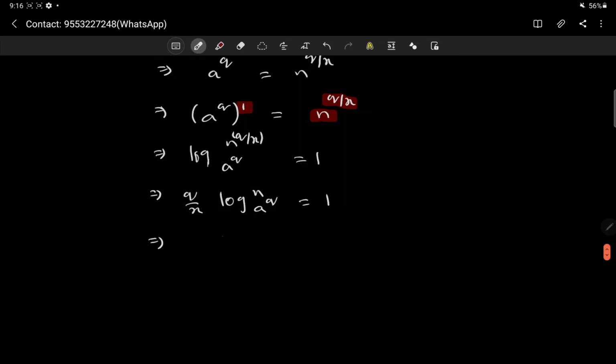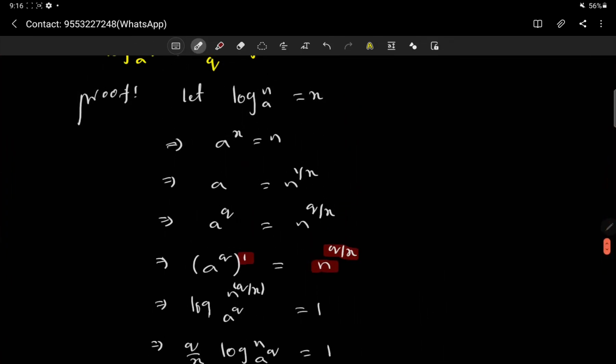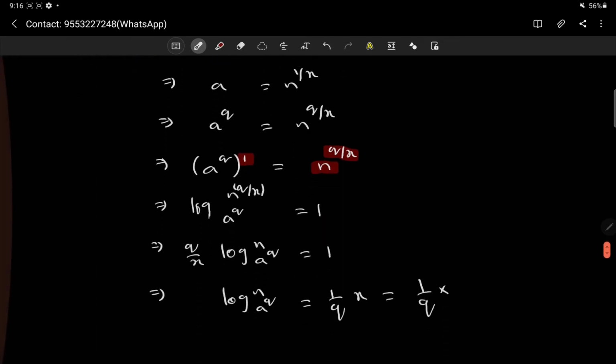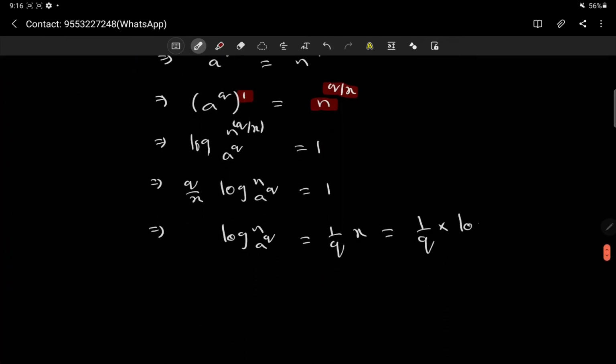From this, log n base a power q is equal to 1 by q x, right? 1 by q into what is x? So x is nothing but log n base a. So from all these, you see here, equating the first one and this last one, then we get what?